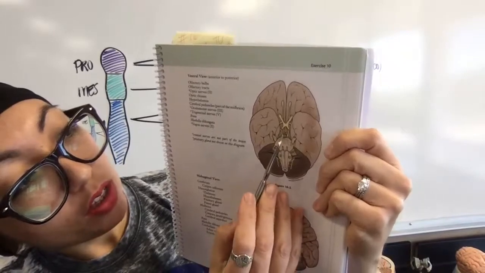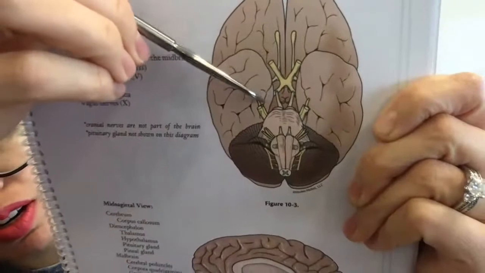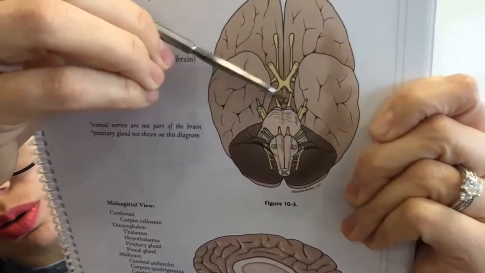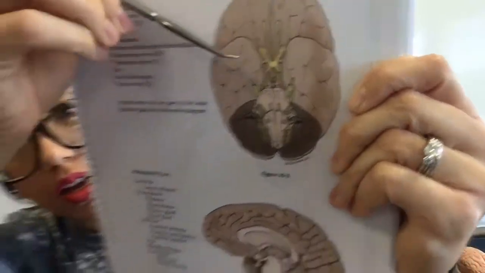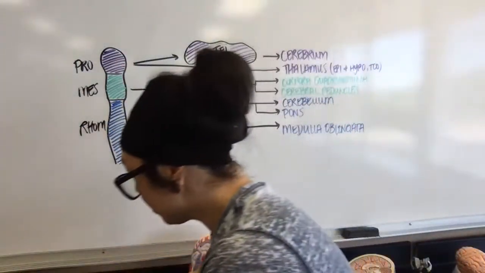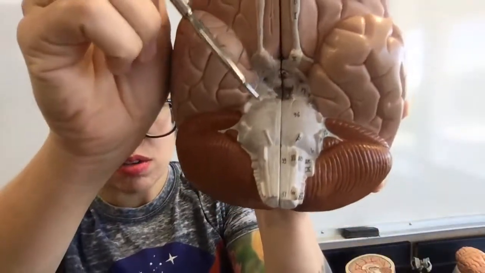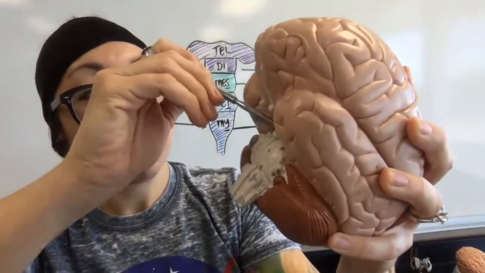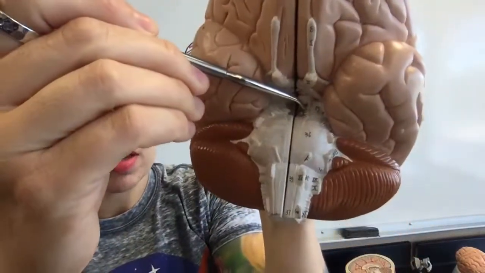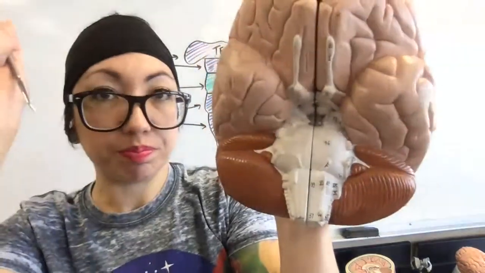And the oculomotor nerves are these two right here. Those two yellow nerves that are coming out of the anterior side of the pons. So right here you can see, let me put my blunt probe on it before I turn it around, those right there are the oculomotor nerves.